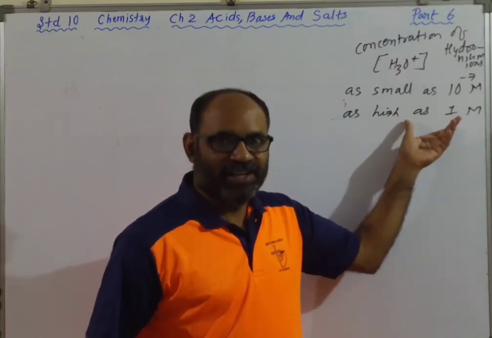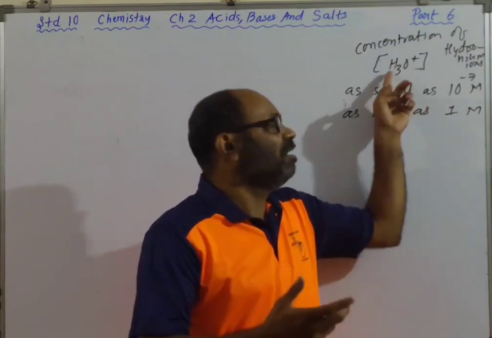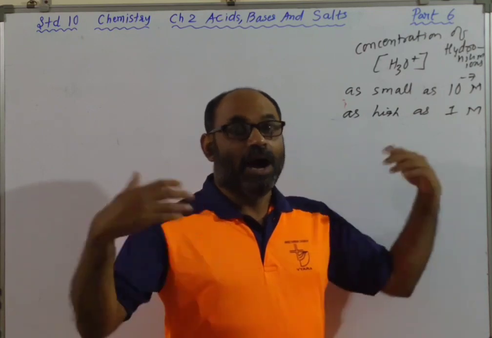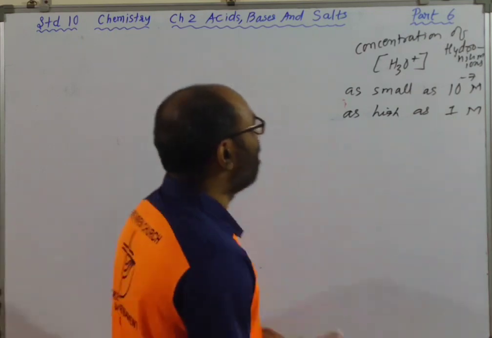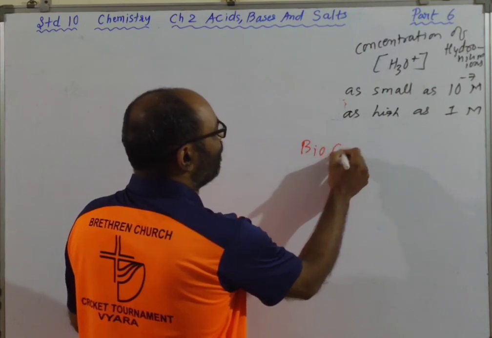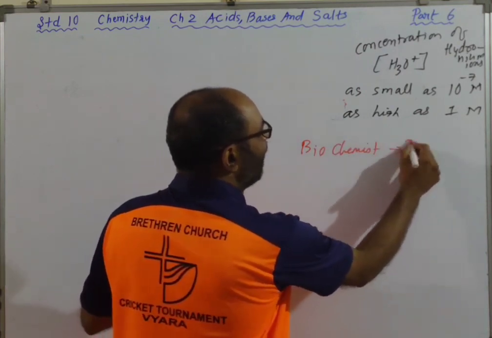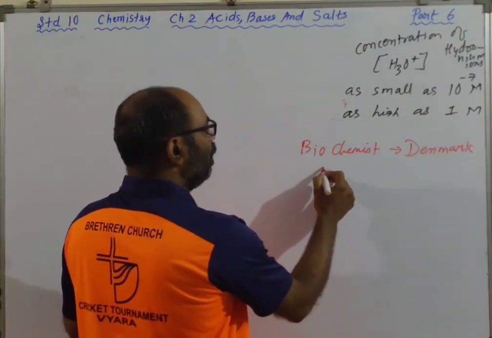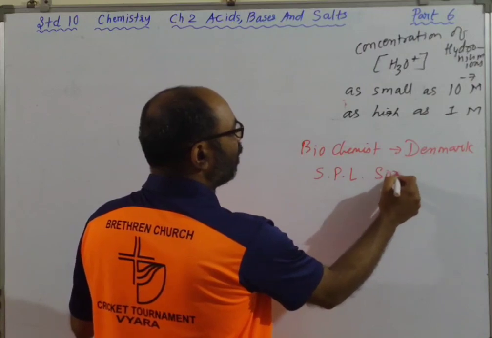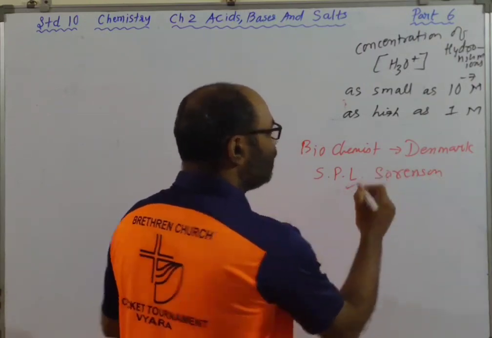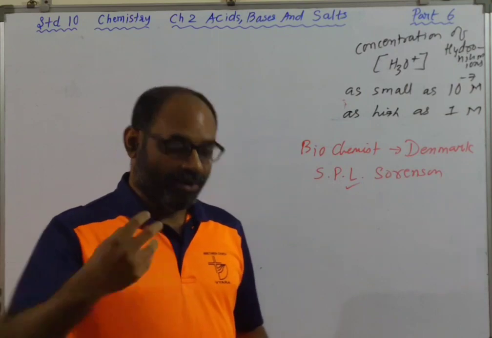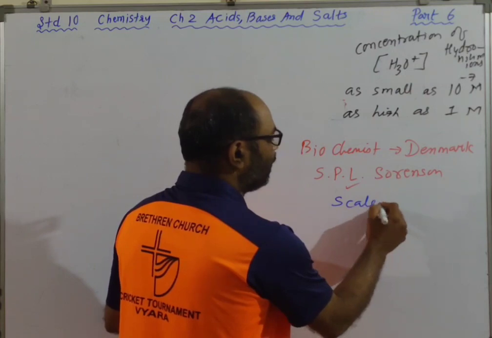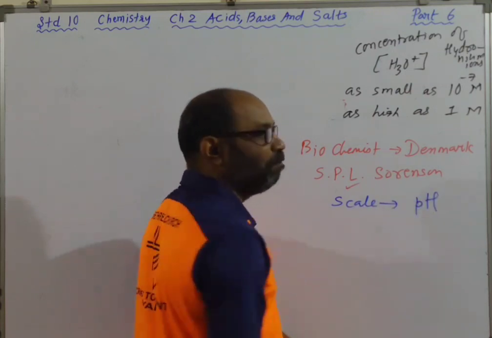So instead of measuring the concentration of hydronium ion or hydroxide ion in solution in terms of molarity, a new scale was devised by a biochemist from Denmark. His name was S.P.L. Sorensen. Alright, this biochemist developed a new scale, new technique, new method. And that scale came to be known as the pH scale.